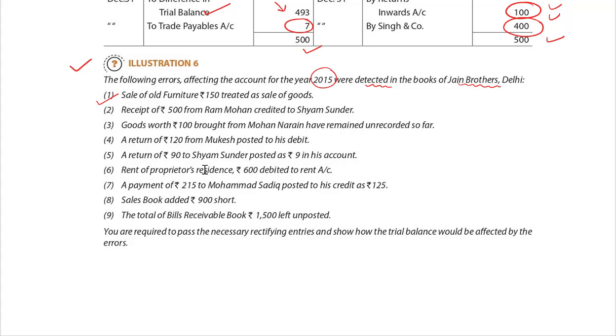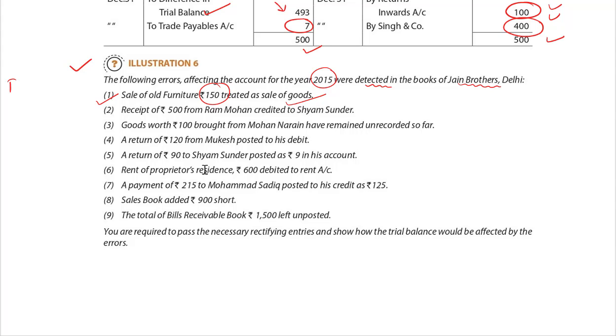Number 1. Sale of old furniture, that is 150, treated as sales of goods. You had sold furniture but treated it as sales of goods.